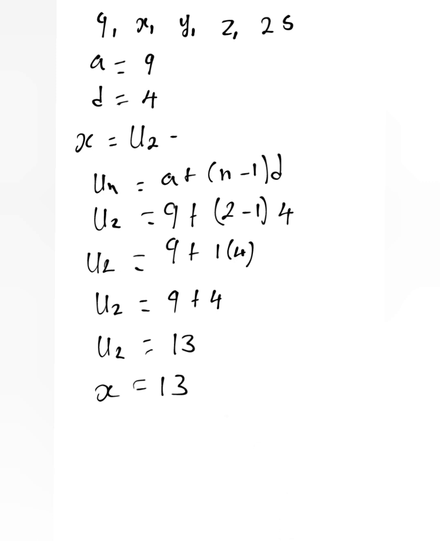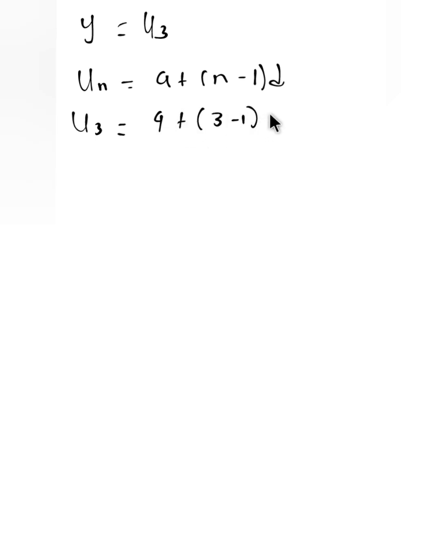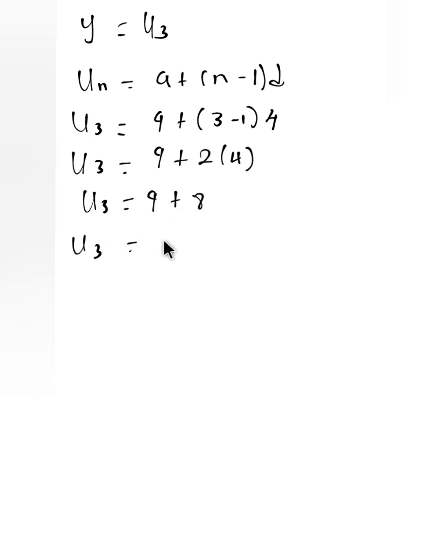Now let's find y. y is equal to U3, and Un is equal to a plus bracket n minus 1 d. So U3 will be equal to 9 plus 3 minus 1 times 4, because d is 4. So U3 is equal to 9 plus 2 times 4. So U3 is equal to 9 plus 8. U3 is equal to 17. Now let's solve for U4. U4, that is z. z is equal to the fourth term. Now Un is equal to a plus bracket n minus 1 d.